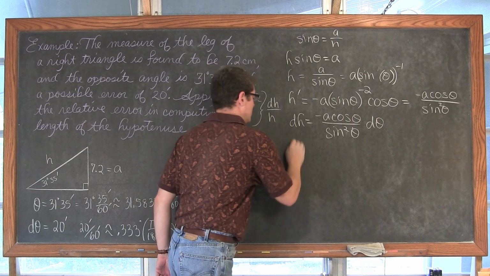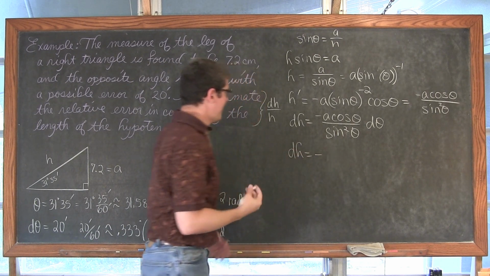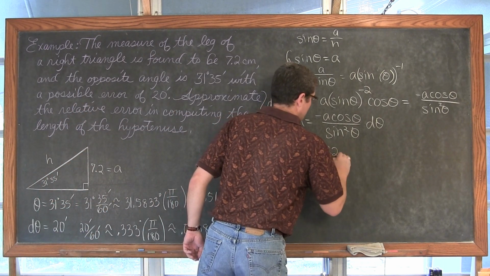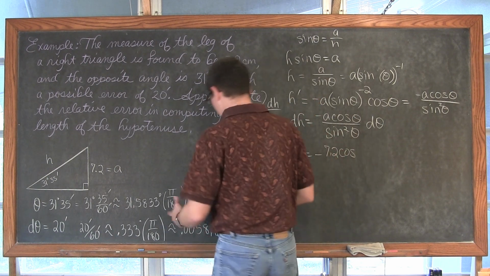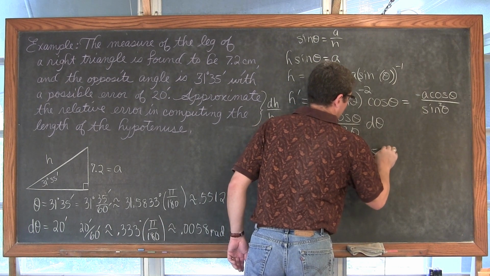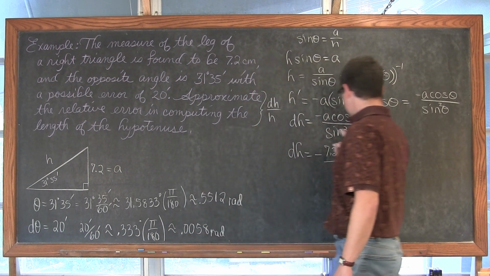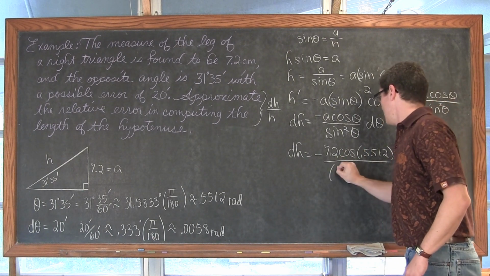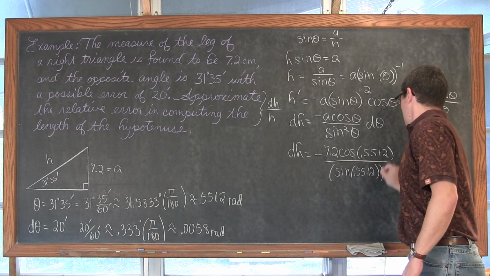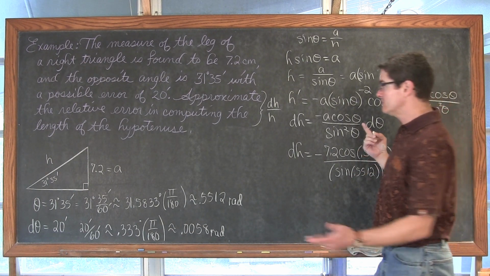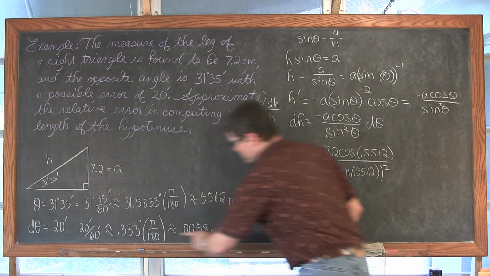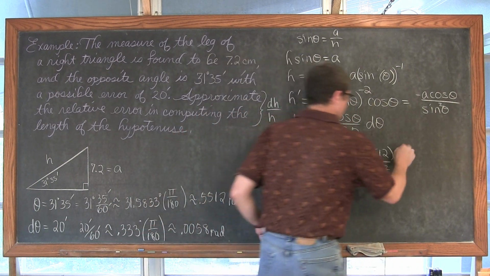Now dh is equal to negative A. Well, our A was measured out to be 7.2 times the cosine of our theta value, which was 0.5512, over the sine squared theta. So again, that's going to be the sine of 0.5512 squared. And d theta, or possible error in the measure of the angle, was 0.0058 radians.